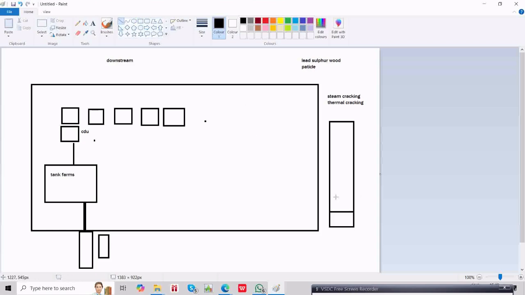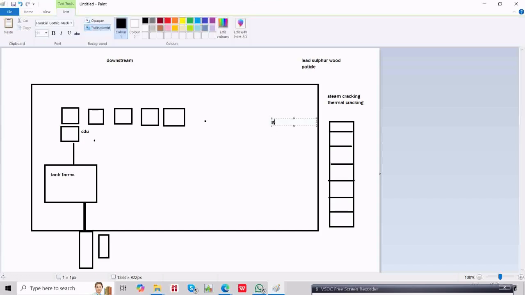There are trays inside the column, and at every different temperature you will have a byproduct. So basically, you know the components you get when you break the crude oil: gas, then petrol, diesel, kerosene, naphtha, asphalt, bitumen, tar.